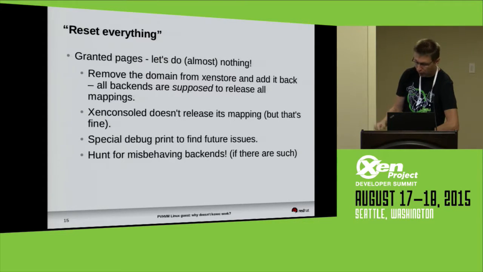There is special debug info to track down misbehaving backends, if there are any. And I know of at least one backend which doesn't release its mapping when we remove a domain from Xenstore. It's xenconsoled.